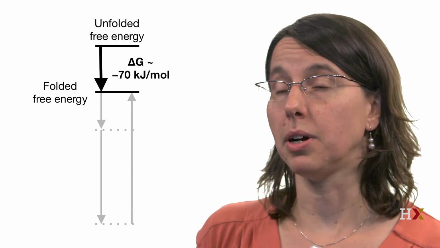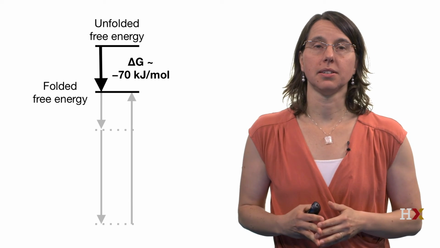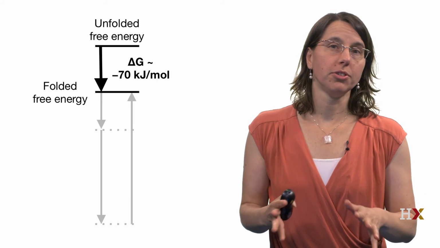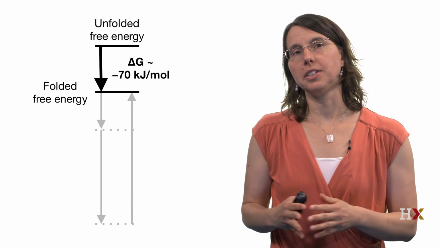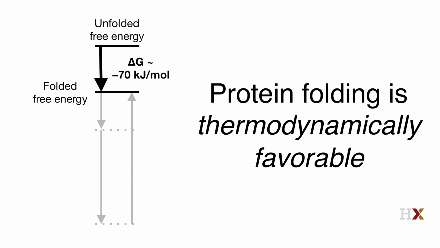And that means that the process should be spontaneous. These numbers are estimates, and they are done with a few simplifying assumptions, but it turns out that they agree quite well with experimental results. So it turns out to be a simple matter of thermodynamics. Protein folding is thermodynamically favorable.